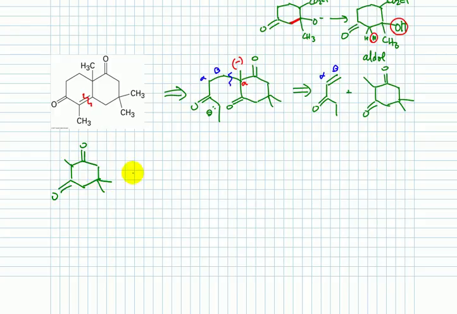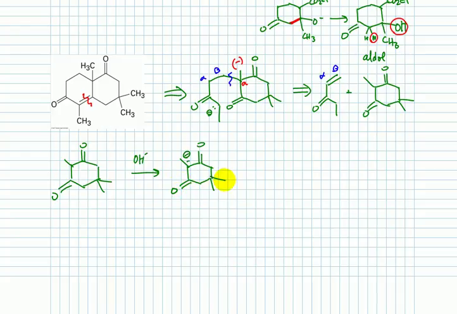We will deprotonate. The base for this one can be whatever we want. There's no esters involved. We could just use hydroxide if we wanted. Whenever there's an ester involved, your base has to match that ester, remember? But here we have just a beta diketone, which can be deprotonated with plain old hydroxide.